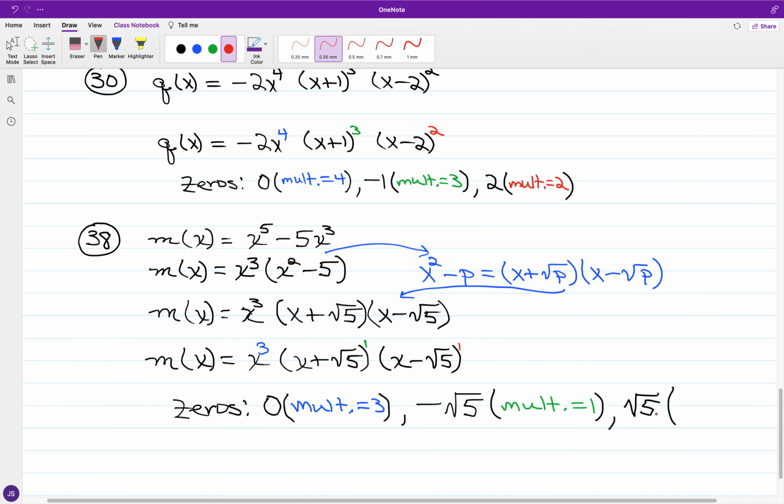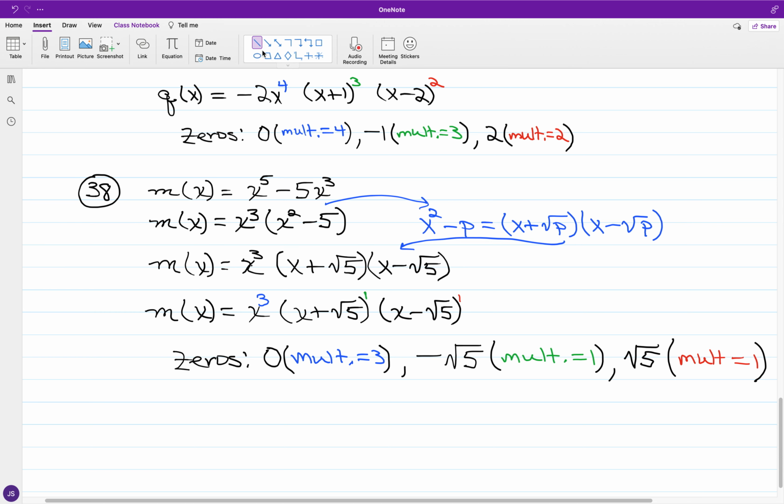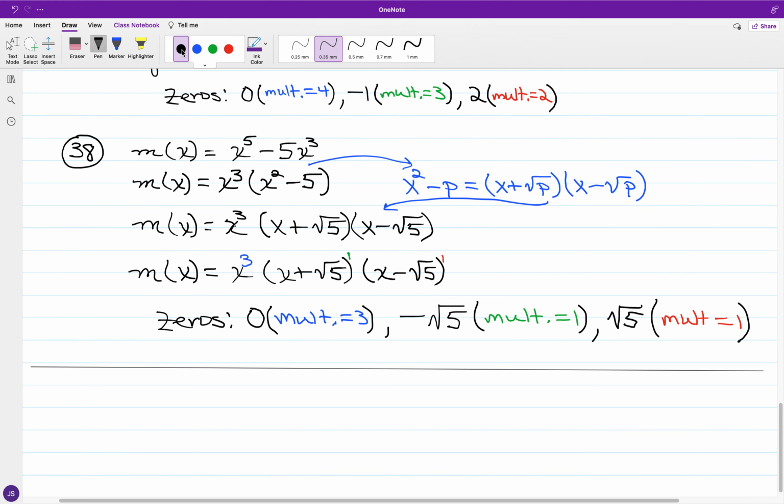And since that corresponding factor is a first degree, just like the negative of the square root of 5, we have the positive also ending up being a 0 that will have a multiplicity value of 1. All right, and so again, we're going to be soon looking into the behavior of the graph of a function, and tell you what, just for the next few minutes, let's see what we get for the zeros and the multiplicities.